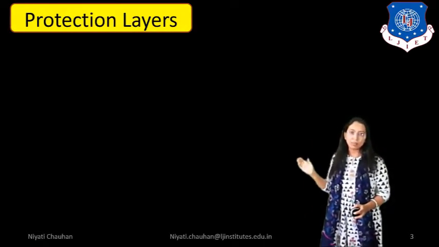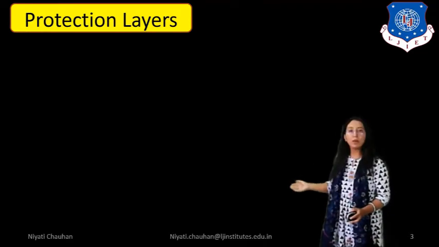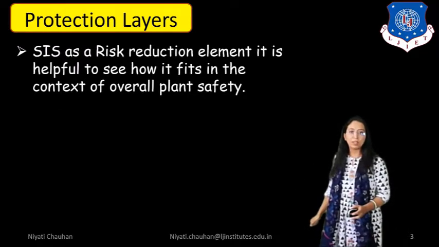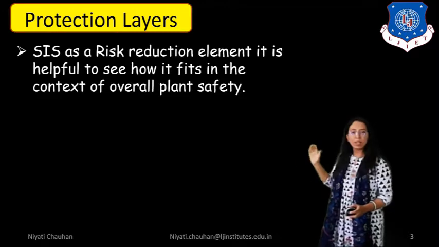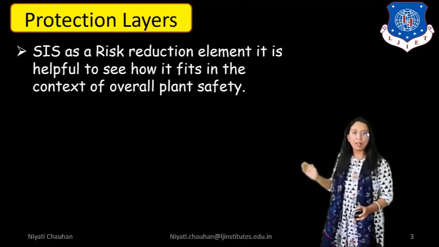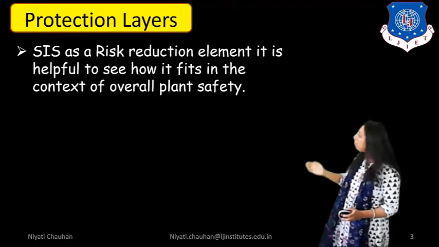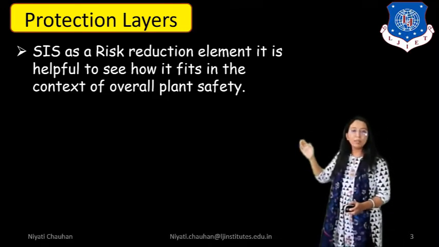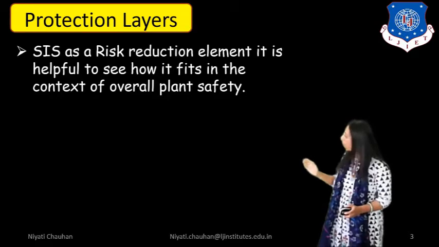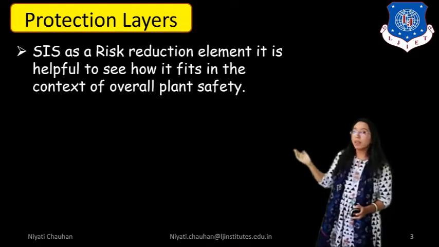Protection layers. So here we first discuss protection layers. We know that the safety instrumented system is a risk reduction element. It is helpful to see how it fits in the context of overall plant safety.